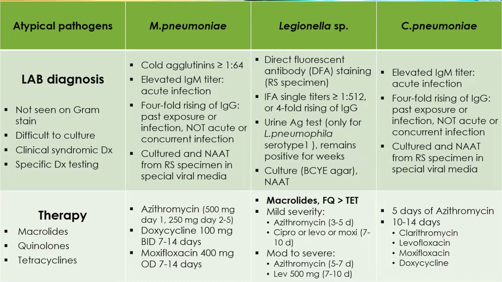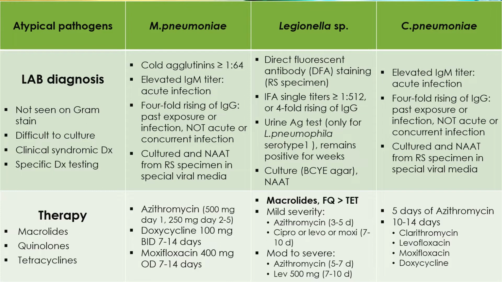For Mycoplasma, if you suspect it, you should send an IgM titer for acute infection, and you can send a fourfold rising IgG about 2 weeks apart from acute to convalescent serum.